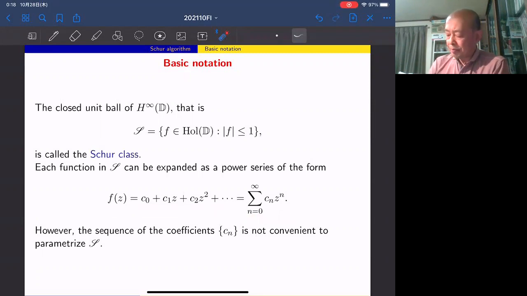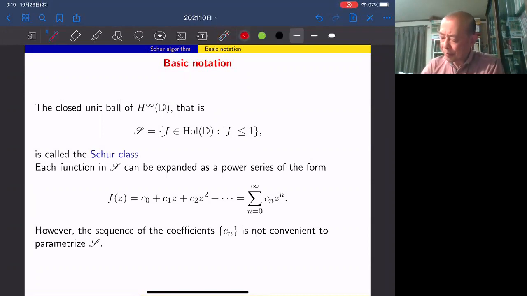And we can take the set of coefficients. So this is a sequence. But it is not so obvious which sequence appears as coefficients of function in this class.